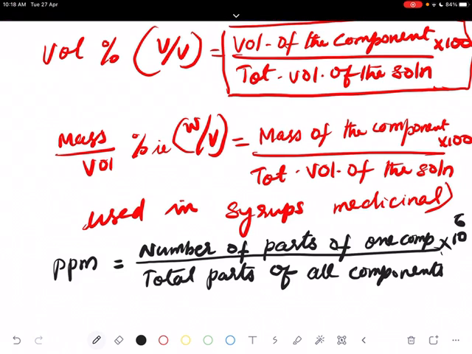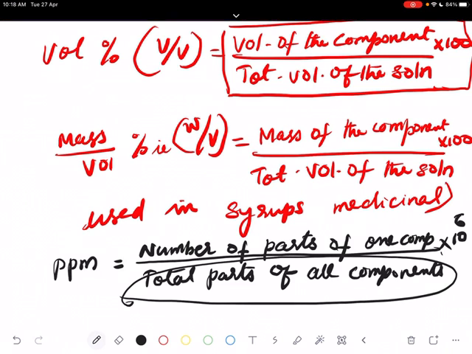You may be getting the value in 100 grams, total parts 100 grams, but you are finding it for 10 to the power 6 grams of the solution. Suppose they are telling that 5 gram is present in total 100 gram. But we are not telling in 100 gram, we are telling in 10 to the power 6 gram of the solution.